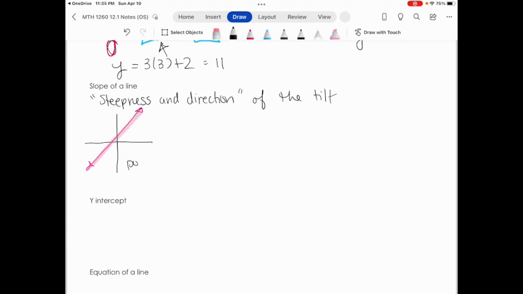That means it's a positive slope. Now, if I read the line left to right and it goes down, so as I trace it with my finger, it goes down left to right. That's a negative slope.